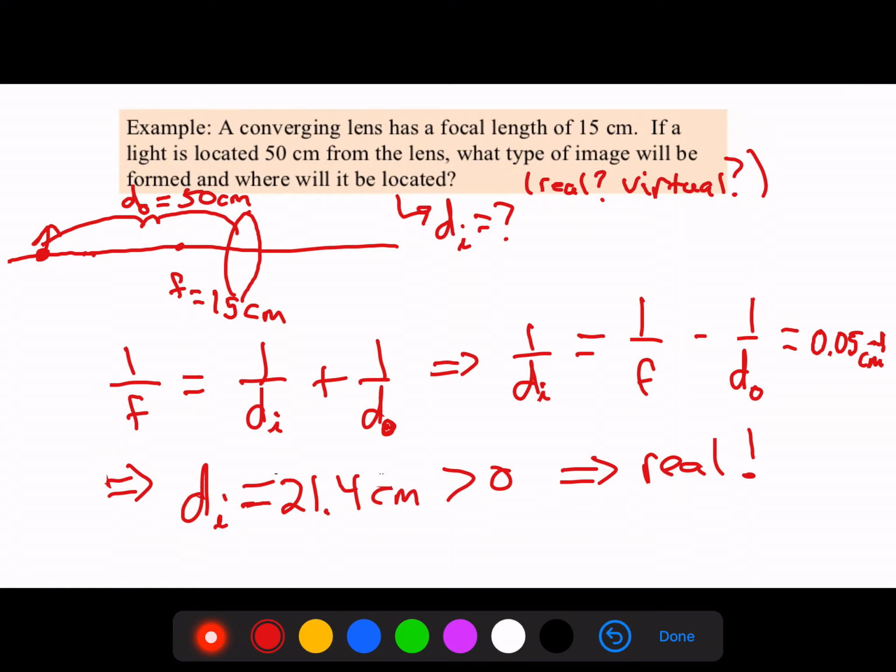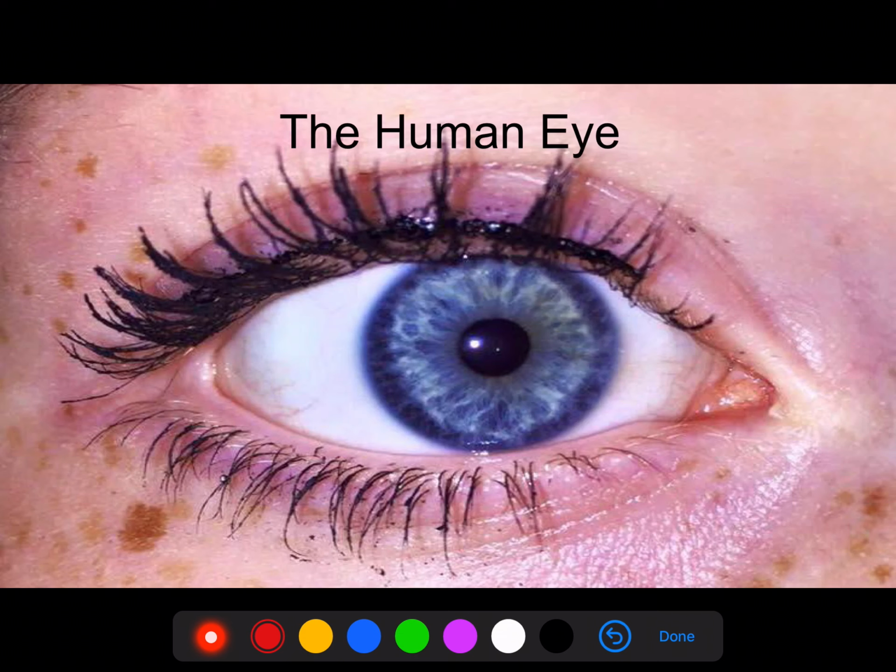All right, so we're going to move on and discuss a natural type of lens, the human eye. The eye you see here belongs to my daughter, my firstborn, and when this picture was taken, her eye perfectly focused, through the lens of her eye, an image on the back of her eye, or the retina, and she could clearly see what she was attempting to focus on.